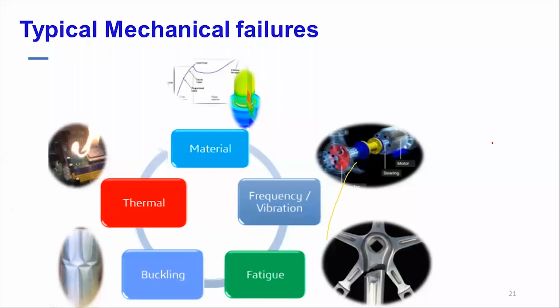Fatigue itself can be of different types, such as thermomechanical fatigue and so on. But typically, you might have heard a lot about buckling. Buckling is where you apply a force here, the member is super thin, and because the member is thin, it buckles and fails somewhere here. Now, fatigue failure is no doubt one of the major ones.